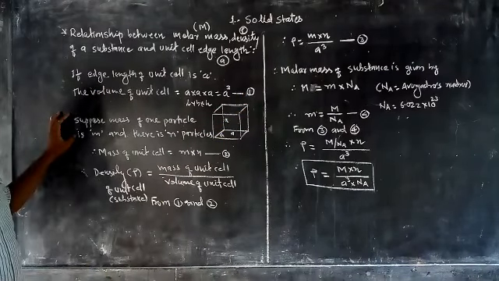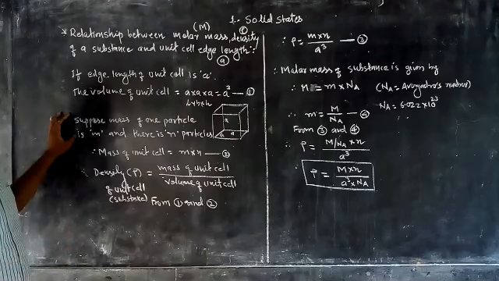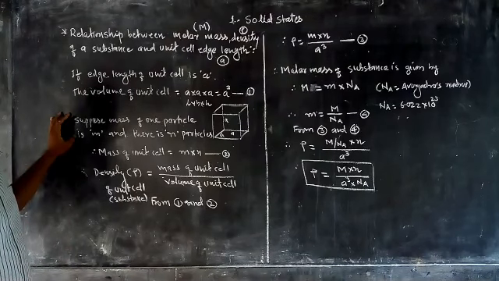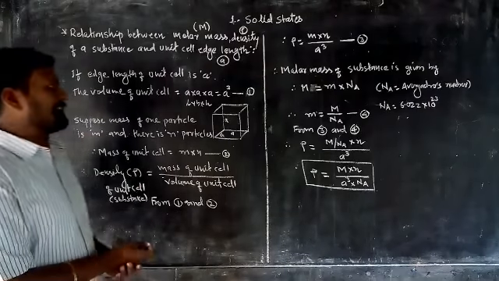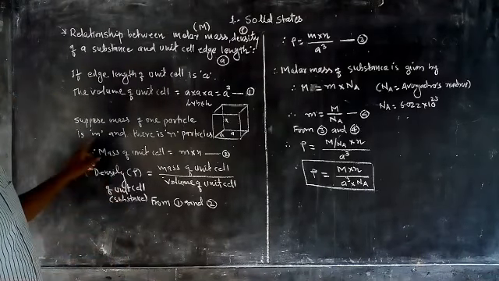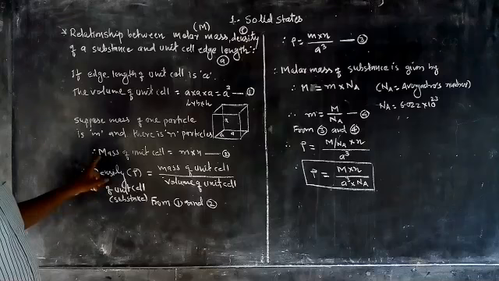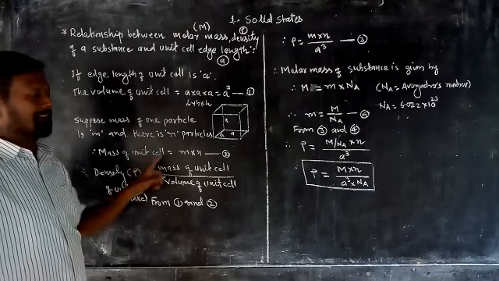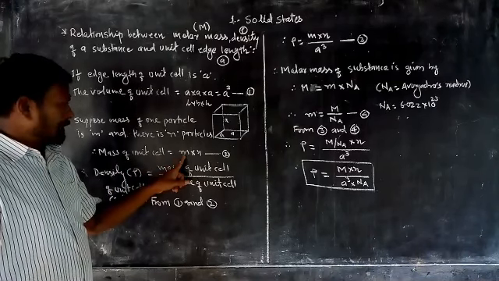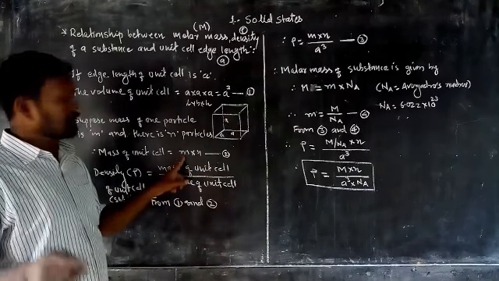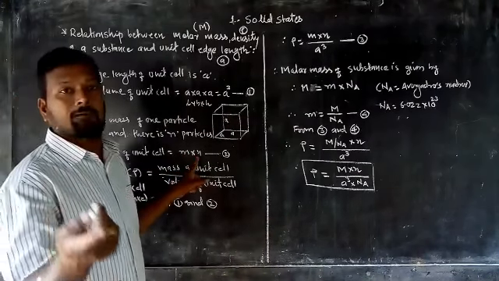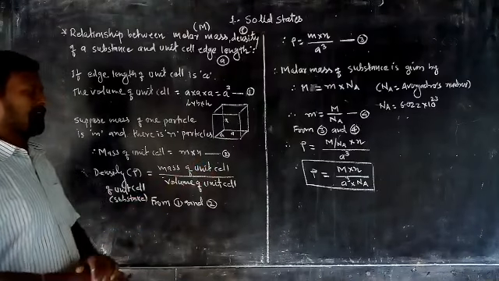Now we have to consider how many particles are there. The mass of this unit cell is equal to the number of particles present, and one particle has the mass m. So the mass of the unit cell is nothing but the mass of one particle into the number of particles, which is given by number 2.